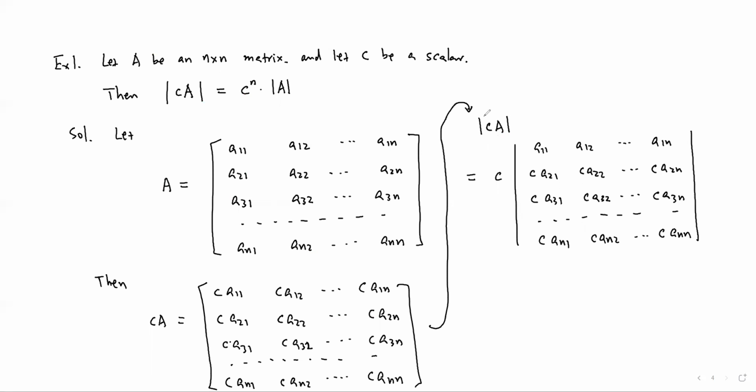Yeah. This number is equal to C times this number. Now, for this determinant, look at the second row. C is a common factor. I can take out C from the second row. Then C times C, C squared.